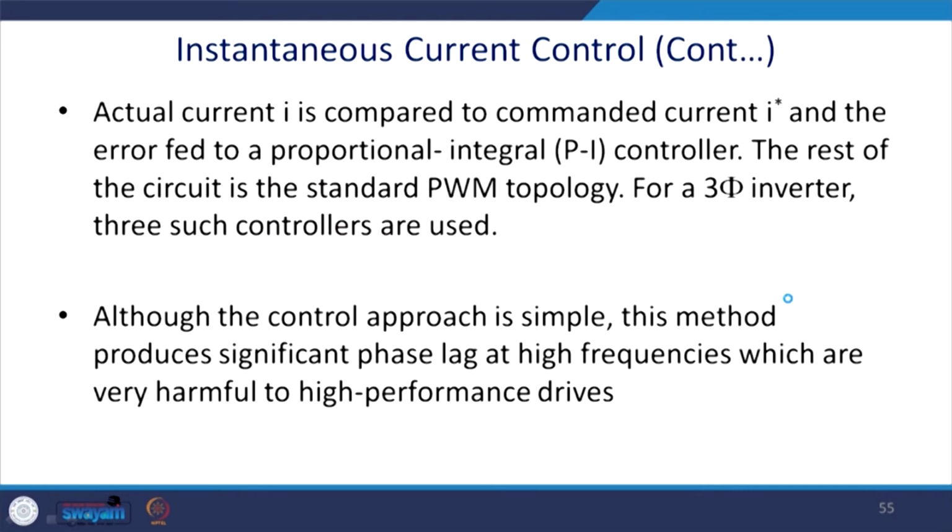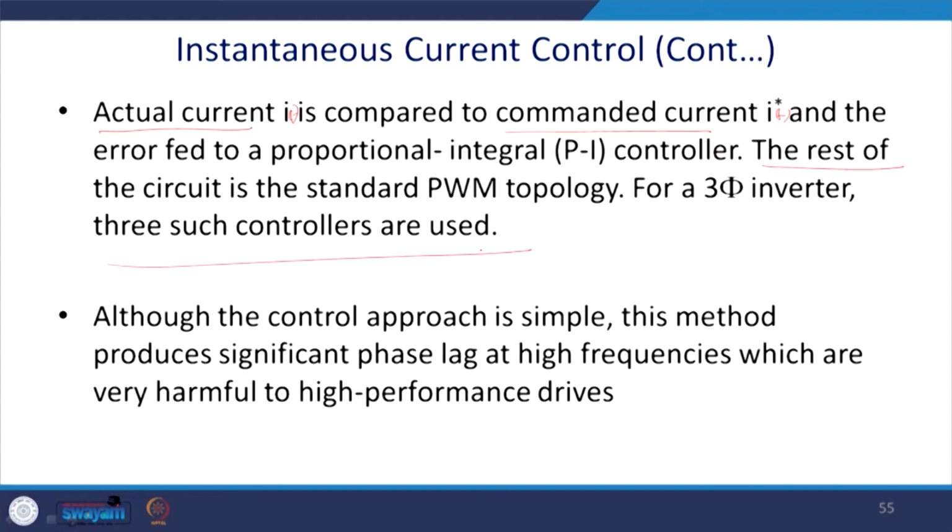So, what we can say here, this actual current I, or I of t, because this is in time domain, is commanded by the commanded current I star of t, and the error is fed to the PI controller. The rest of the circuit is the standard PWM topology.